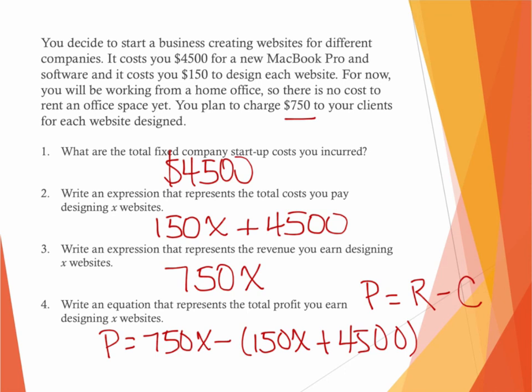And we can simplify this expression. We would distribute the negative sign and then combine the like terms. So my profit is 600x minus 4,500. So we make $600 for every website we create, and then we have to subtract the 4,500 for the computer and the software.